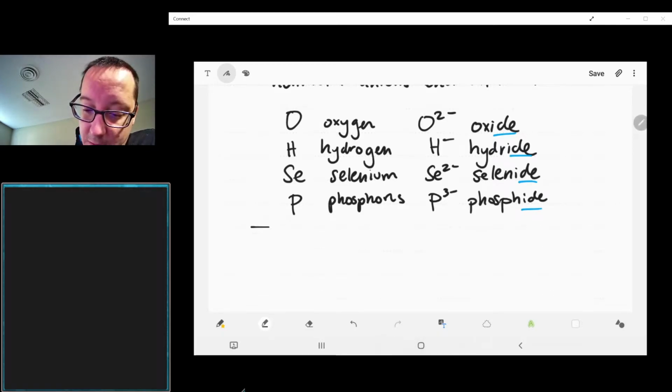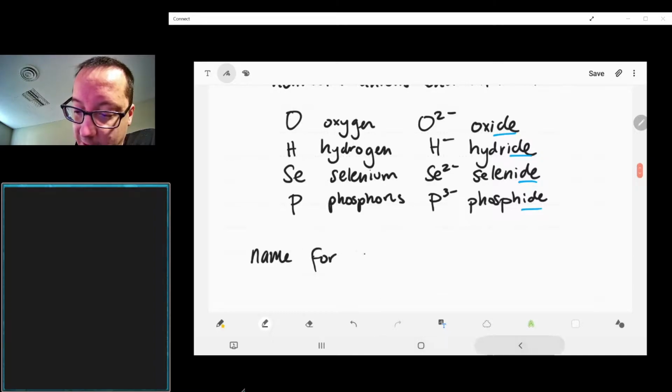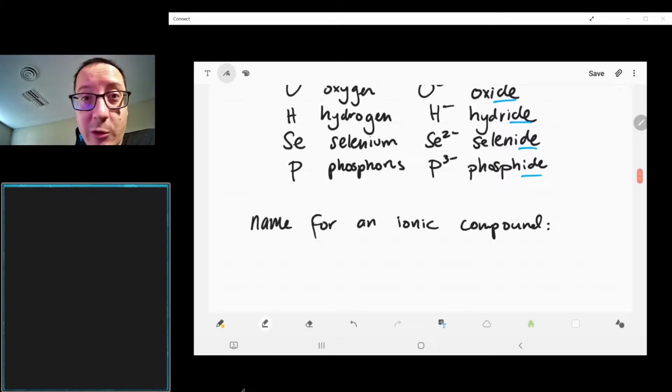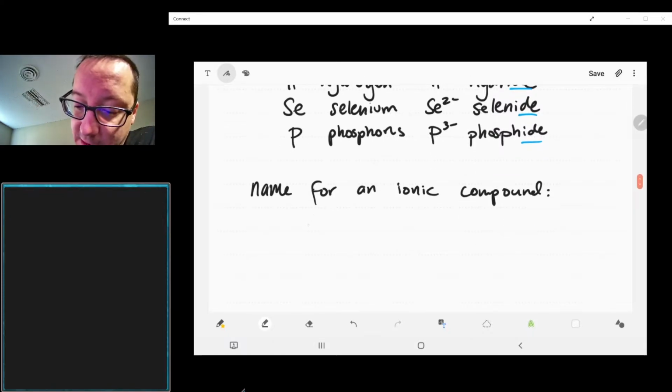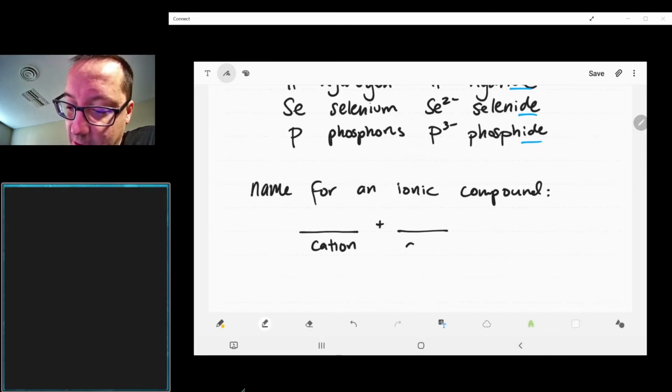Alrighty, so the name for an ionic compound, just like sodium chloride is our example, is going to be your cation, then a space, and then your anion, and whatever ending it has.